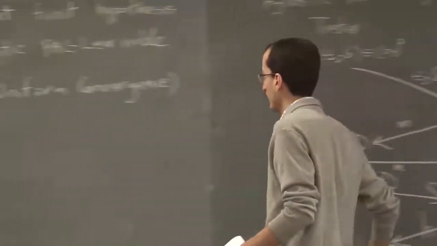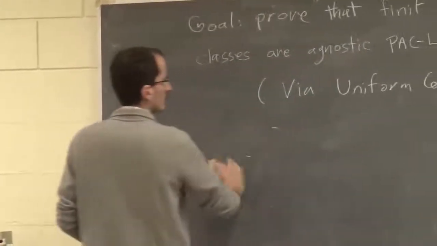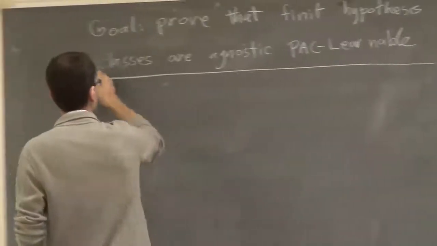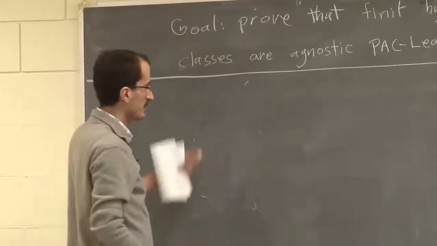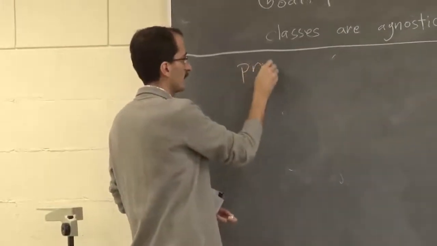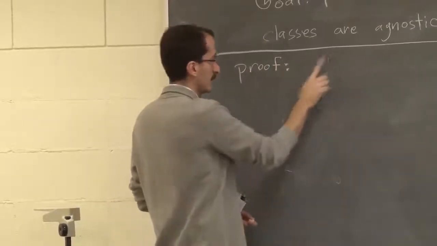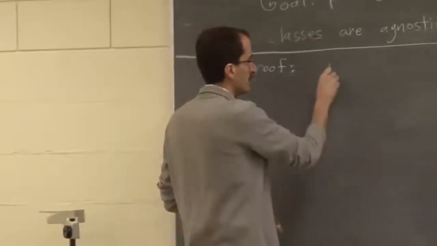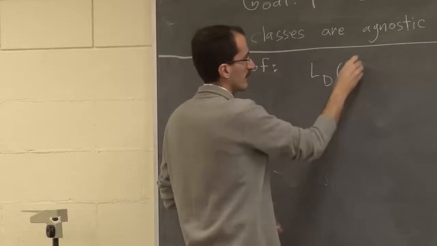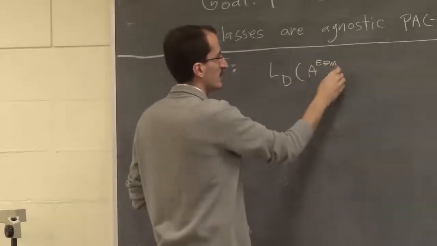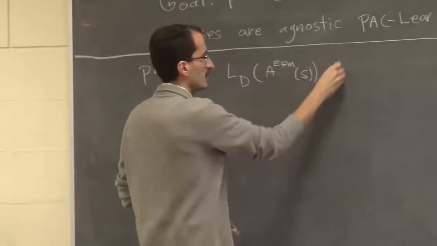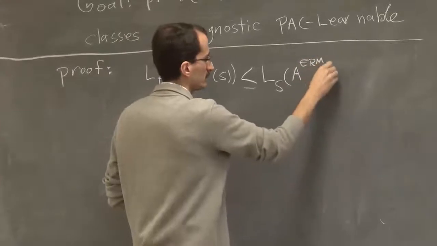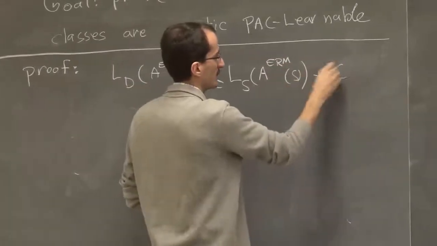So let's not remove this one, but here we will have the proof. Because it's epsilon representative, L_D and L_S are similar. So L_D of anything, including the output of ERM, will be smaller than L_S of that plus epsilon.